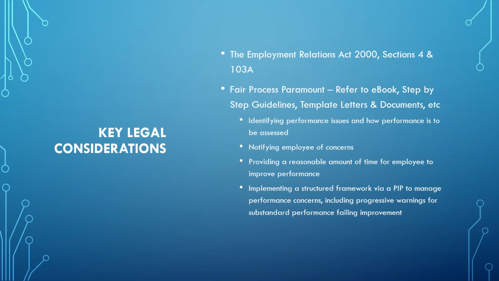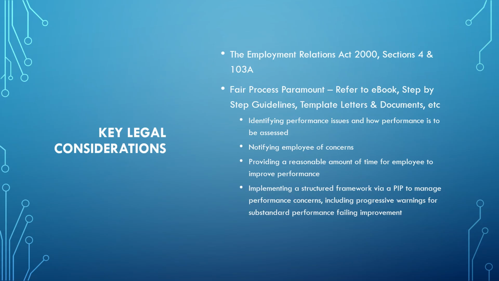Then the next step would be formally notifying the employee of concerns. Here the employer would be proposing a PIP, what that looks like, spelling out everything of relevance or significance to the employee, and following all the usual procedural formalities when implementing an employment process. Again, the procedural aspects are detailed in the ebook at great length, and are very useful.